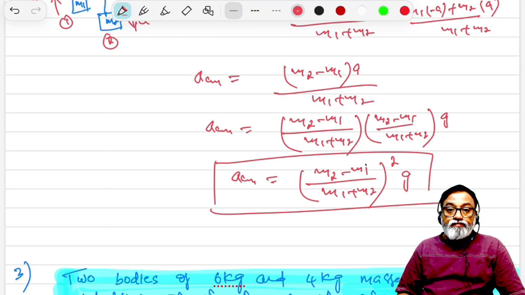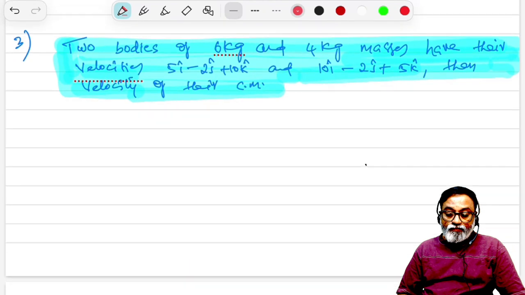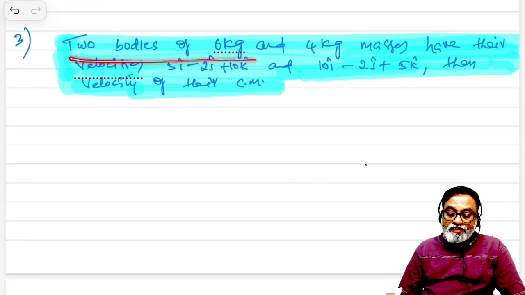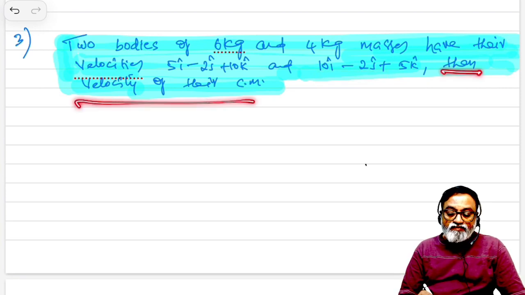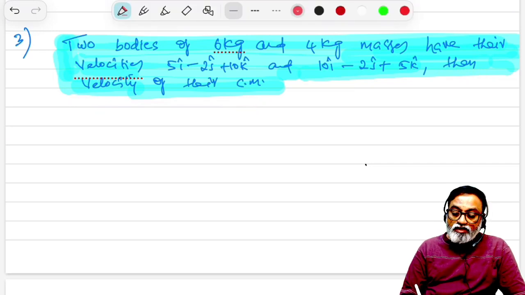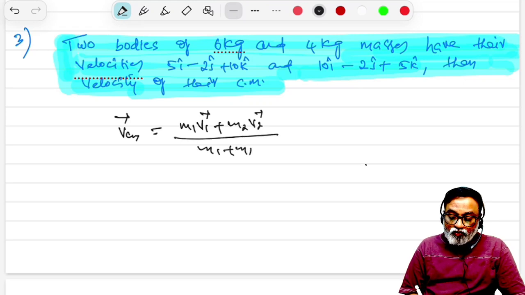See here, another problem. Two bodies of masses 6 kg and 4 kg have velocities 5 i cap minus 2 j cap plus 10 k cap and 10 i cap minus 2 j cap plus 5 k cap. Then find the velocity of center of mass. This is direct formula substitution. Velocity of center of mass VCM bar is equal to m1 v1 bar plus m2 v2 bar by m1 plus m2.